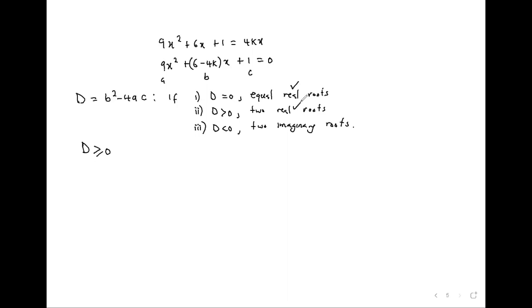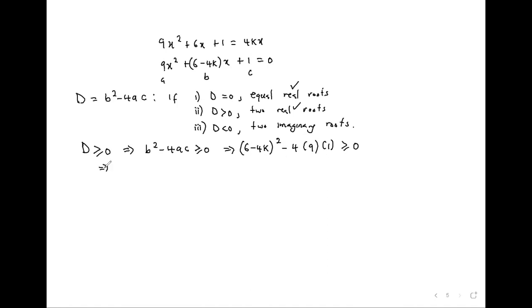This means that b squared minus 4ac should be greater or equal to 0. So what is b? 6 minus 4k, squared, minus 4a, where a is 9, c is 1. This should be greater or equal to 0.